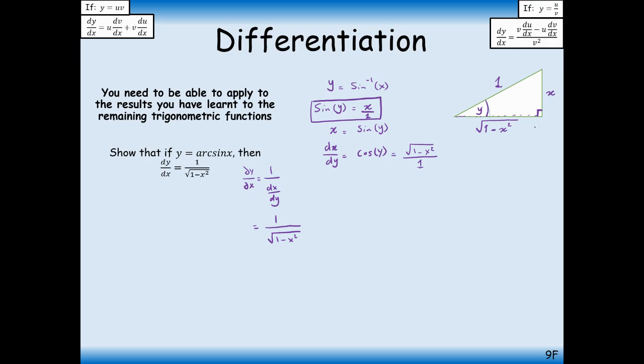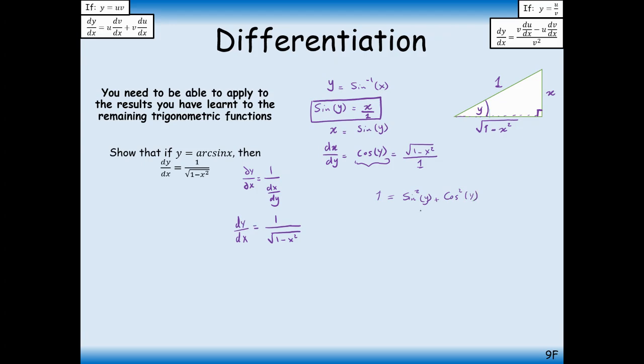Now there is another way of thinking about this. So our final answer for the derivative of arc sine is this, but here we also could have used this trigonometric identity, because we know 1 is basically sine squared of the angle y plus cos squared.